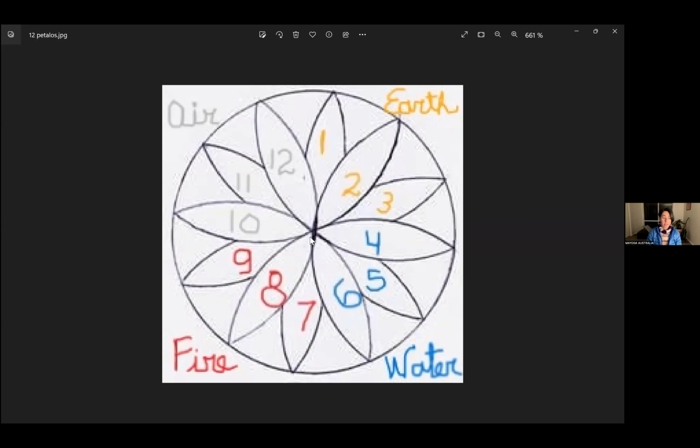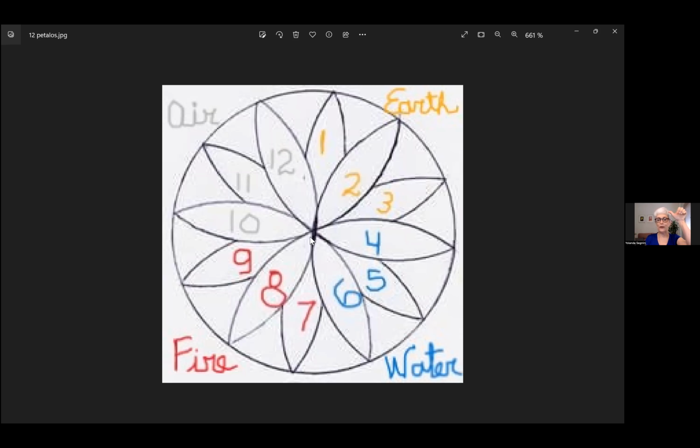Okay, so each of the petals in groups of three belongs to the character of one of the elements. And the elements are earth, water, fire, air, and ether.